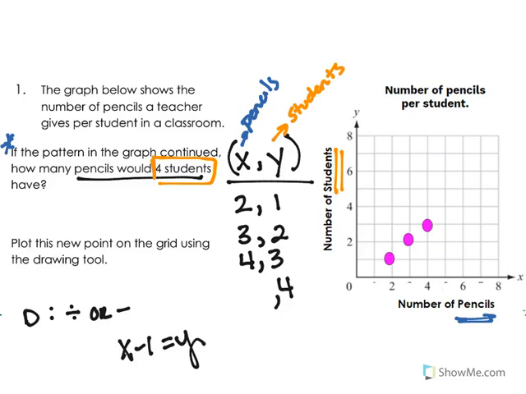So my missing x term is 5. This makes sense because 5 minus 1 equals 4. So my ordered pair here, 5, 4, means there are 5 pencils for every 4 students. So to answer the question, how many pencils would 4 students have? They would have 5 pencils.